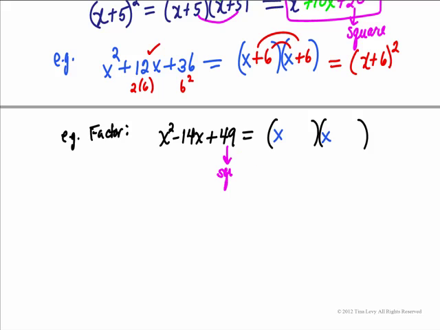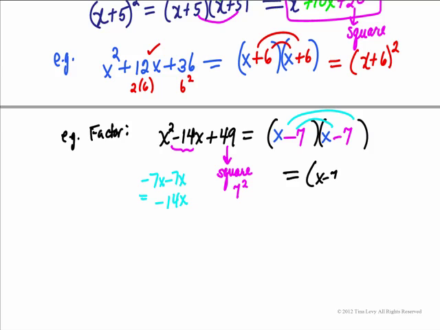This is the square, so I know that's going to come from 7. But because this is negative 14, what am I going to put in but negative 7? We can see that's true because you'll have negative 7x and another negative 7x. Negative 7x and negative 7x is negative 14x. So there it is. And we can write that factor as x minus 7 squared.